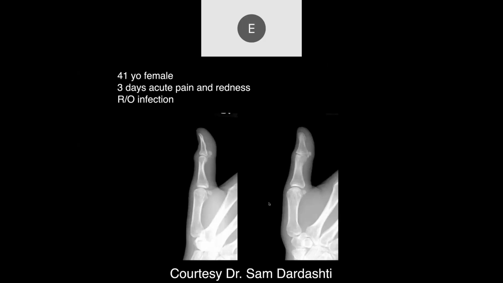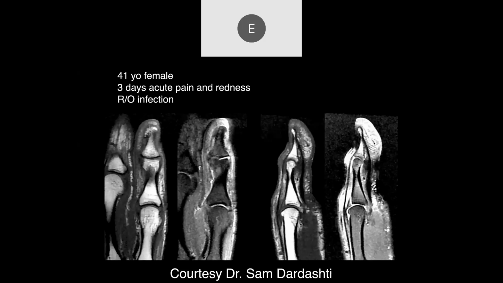Okay, we have a 41-year-old female, 3 days acute pain and redness. Rule out infection. Looking at that first IP joint, I think those look like sesamoids, but they look irregular.